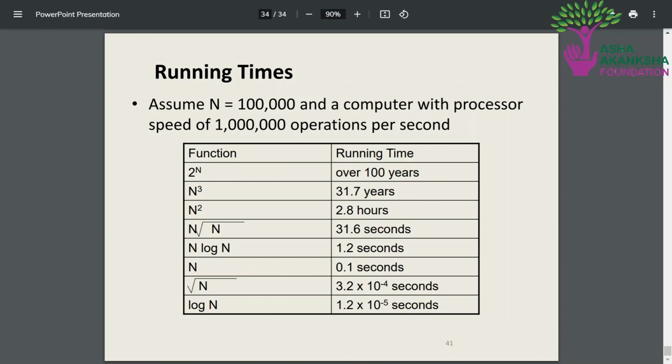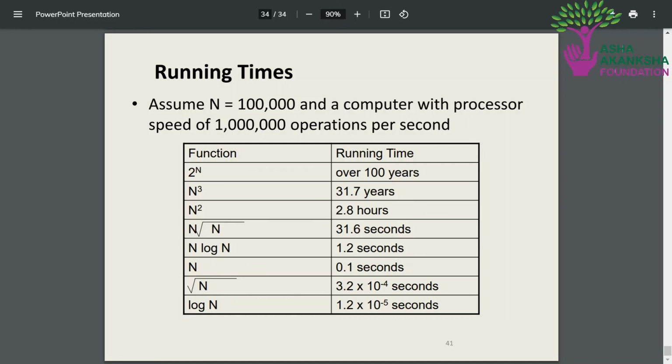If we have n equal to 1000, an input size which is quite large, and the speed of the processor is 1 lakh operations per second, which is a very general speed, not the most optimized but common in computers, then the runtime of the 2 to the power of n algorithm is over 100 years.